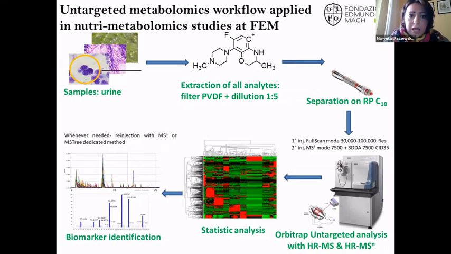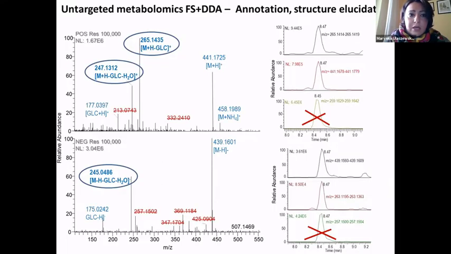The structural elucidation is the part that requires the most effort today. The analysis usually consists of deep verification of the full scan information, checking the shape of the total ion chromatograms and extracted ion chromatograms, as you can see on the left.